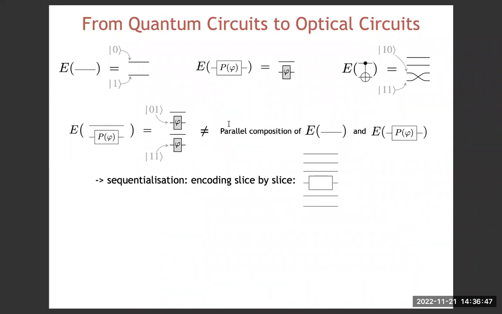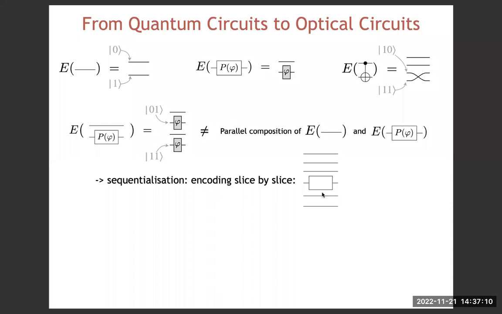Intuitively, in order to get around this problem of the parallelization, the fact that the tensor product, and so the parallel composition, is not the same in both formalisms, the idea is that we use sequentialization. That is, we will really do the encoding slice by slice by sequentializing the circuits.